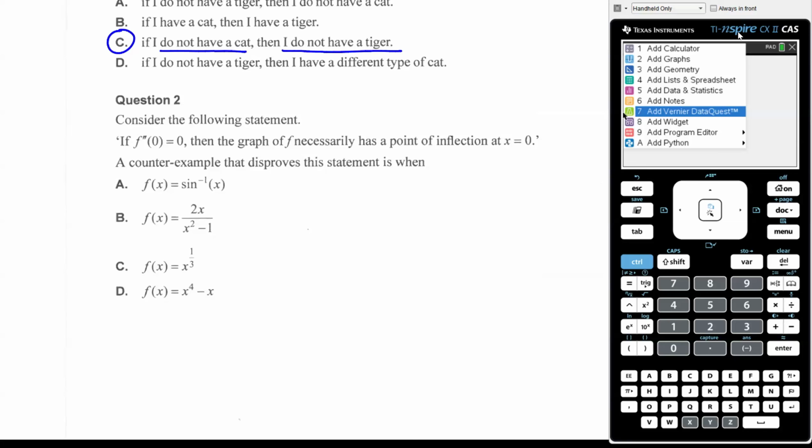Question 2. The following statement: the second derivative is equal to 0. The conclusion is the graph will necessarily have a point of inflection at x equals 0.